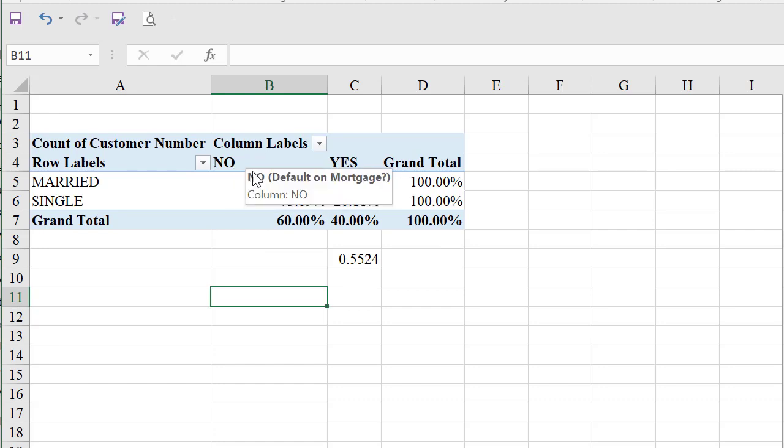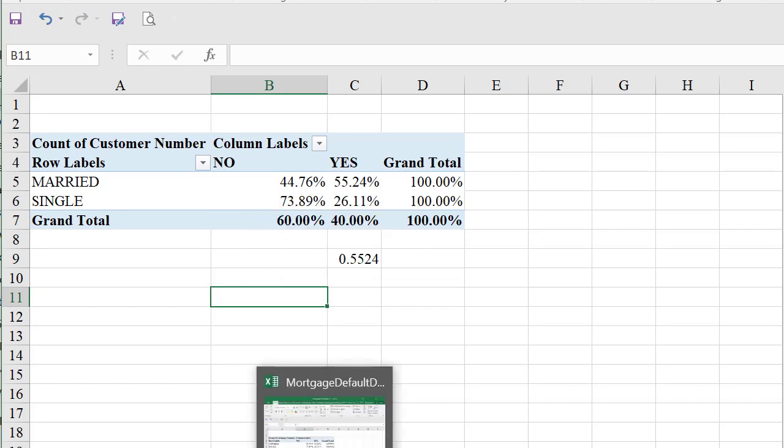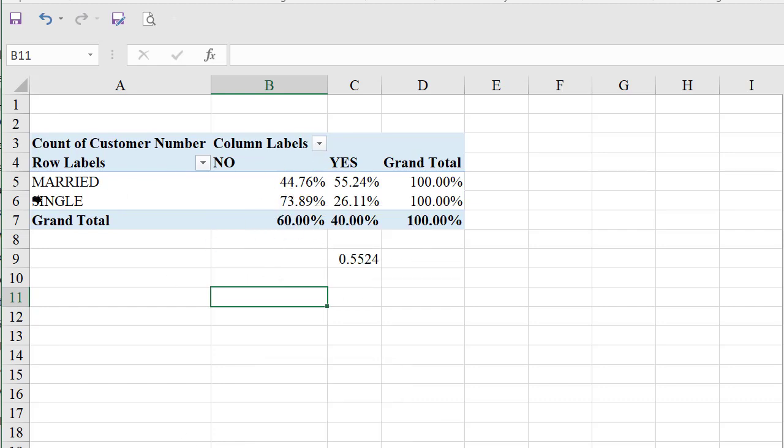The probability of not defaulting, given that you're single, is 73.89%. So if I was a bank loan officer, I'm way more inclined to provide a loan to a single person, just given the data that we've just looked at. Now, in the real world, they're going to look at a lot more different items than just being single or married.